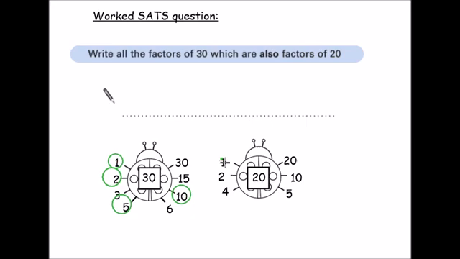Because on this side I also have a 1, a 2, a 5 and a 10. So that's what I would be writing on the answer line: 1, 2, 5 and 10.